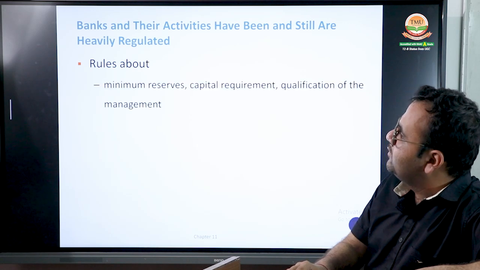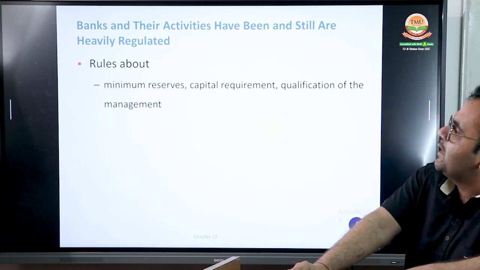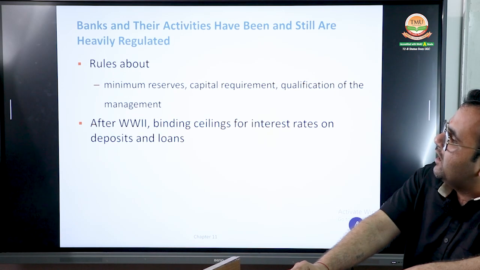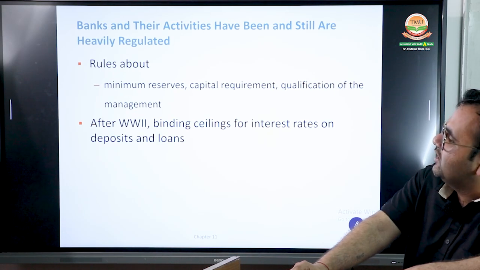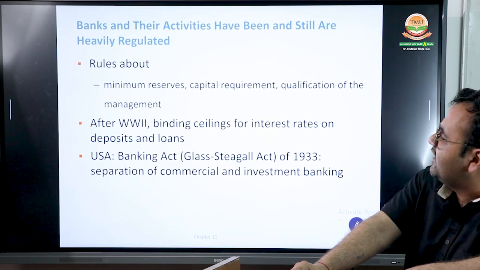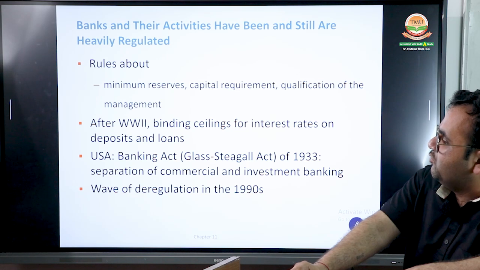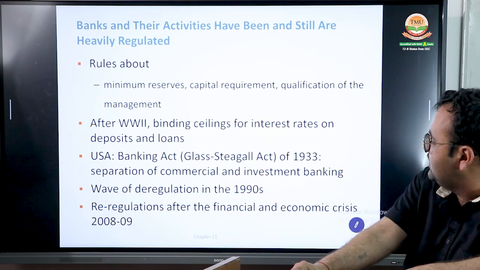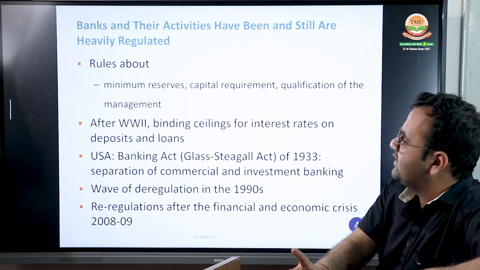Rules about minimum reserve and capital requirements, qualification of management after WWII, binding ceilings for interest rates on deposits and loans, the USA Banking Act, the Glass-Steagall Act of 1933, separation of commercial and investment banking, deregulation in the 1990s, and re-regulation after the financial and economic crisis of 2008-09.